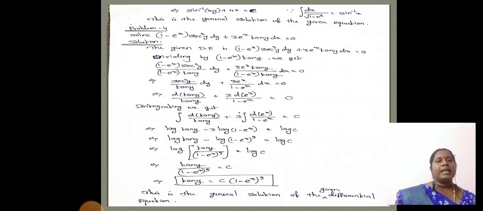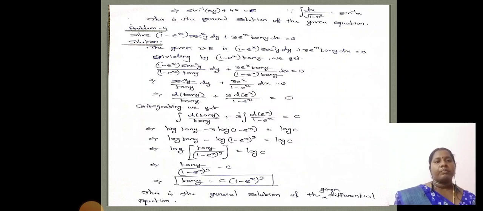So replace secant square y dy by d of tan y, and e power x dx by d of e power x, because differentiation of e power x equal to e power x into dx.